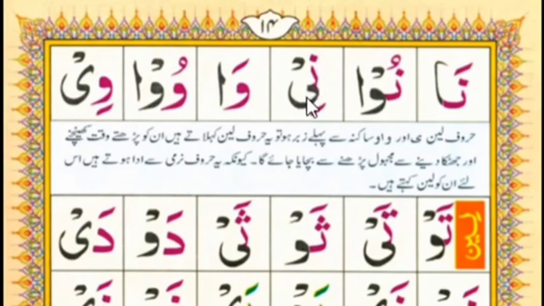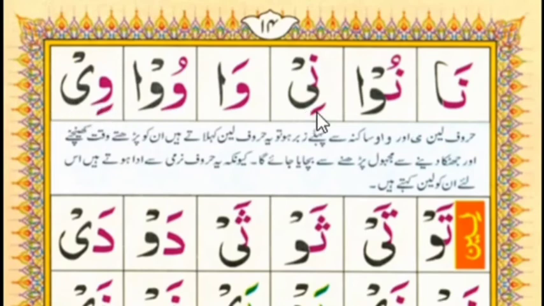Nun, ya, kasra, ni. Na, nu, ni. Waw, alif, fatha, wa. Waw, waw, damma, wu. Waw, ya, kasra, wi. Wa, wu, wi.